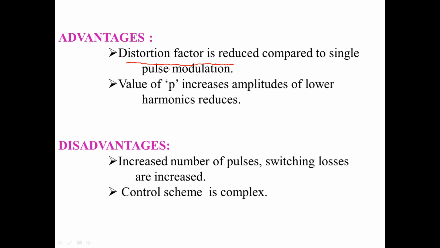The distortion factor is the effective value of the harmonic components relative to the fundamental component, and as the value of P increases, the amplitude of lower harmonics reduces. There are also disadvantages: with an increased number of pulses, switching losses increase and the control scheme becomes complex. Thank you.